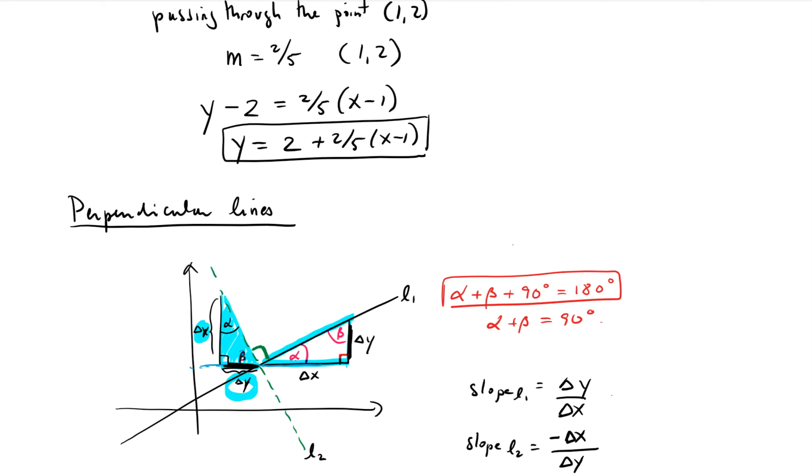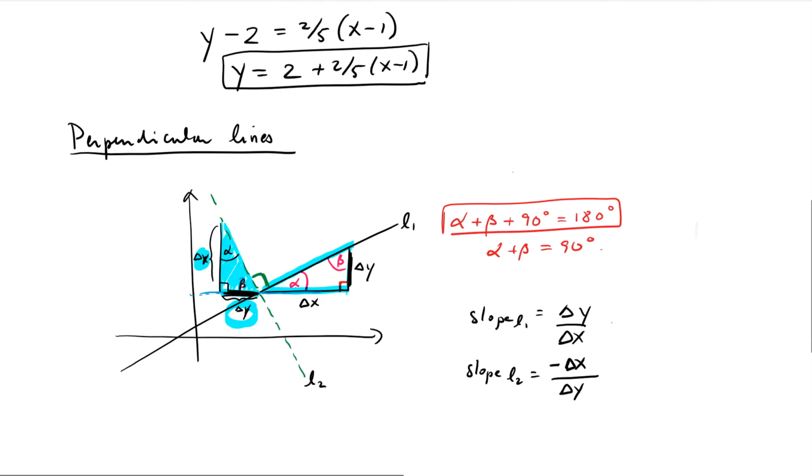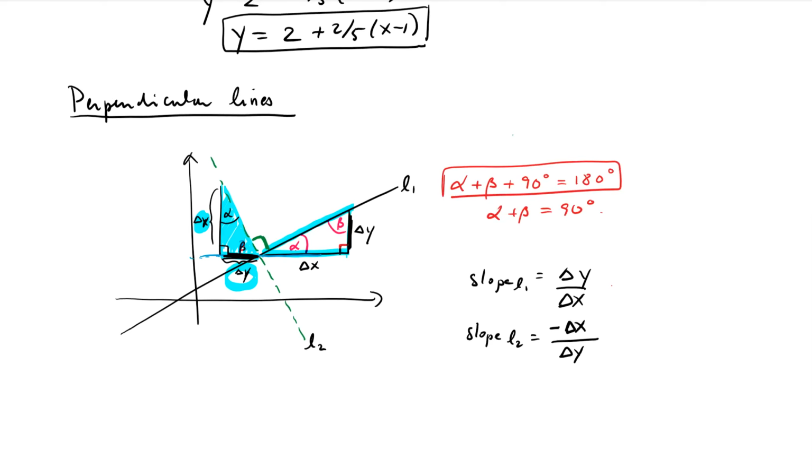That's how much we go down. So the slope of L2 is related to the slope of L1. It's the opposite of the reciprocal of the slope of L1. Maybe I can write that: opposite because of the negative sign, of the reciprocal of the slope of L1.